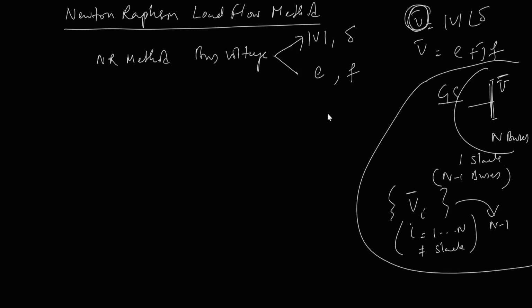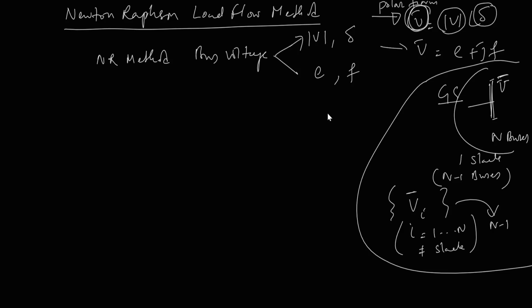Now here in the Newton-Raphson method, the bus voltage is defined by two variables, the voltage magnitude as well as the phase angle. If I assume the bus voltages in this way, then it is called the polar form.